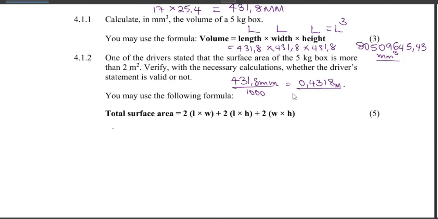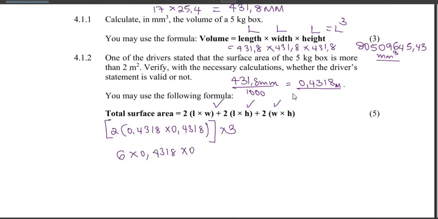So just come here, say 2 times 0,4318 times 0,4318, but I'm only getting one face. How many faces? 3 times. So I will need to multiply by 3. In other words, the same as having 6 times 0,4318 times 0,4318.